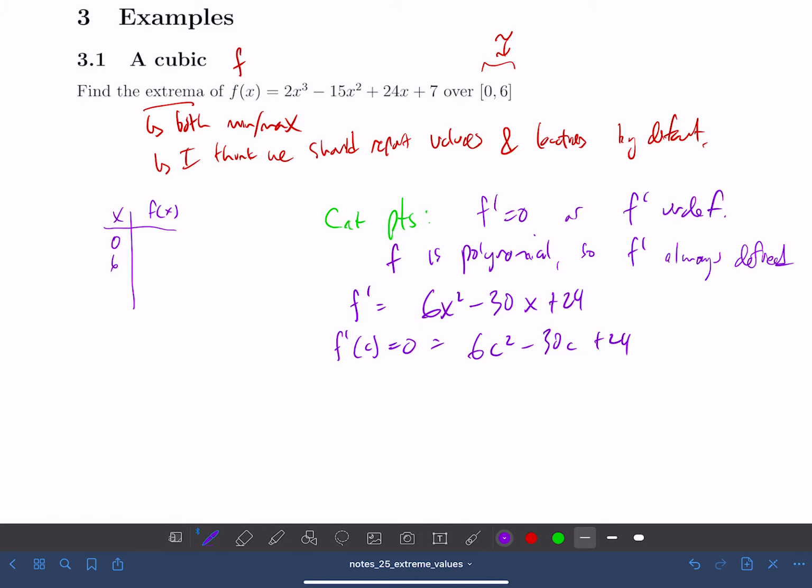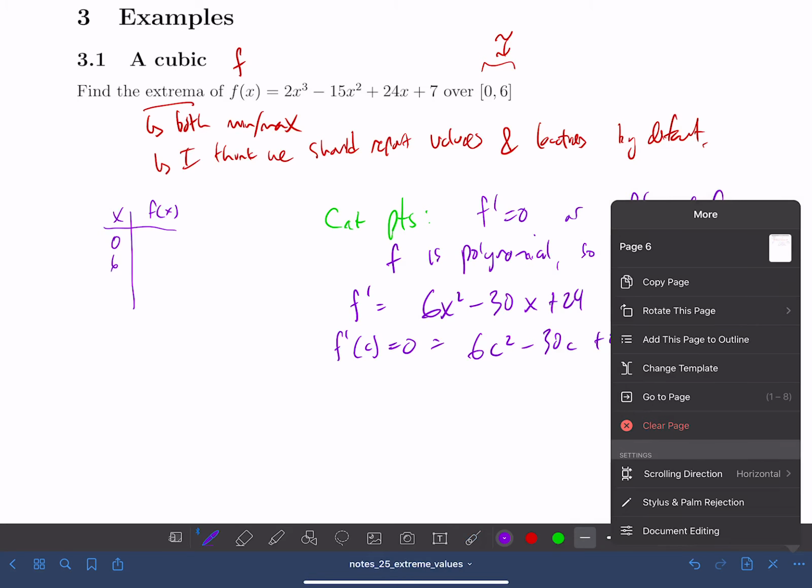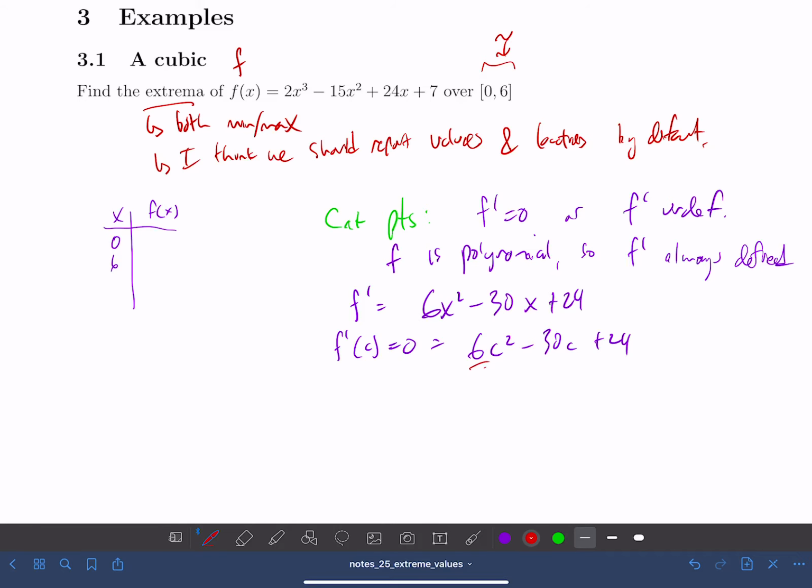And I'll probably, as I do this, screw up and start writing x's because it's such habit to just write x everywhere, right? But I'm going to try my hardest to write c's because this is only true at special points c. So let's go ahead and divide by 6 because I see that I have a 6, a 30, and a 24, and those are all multiples of 6.